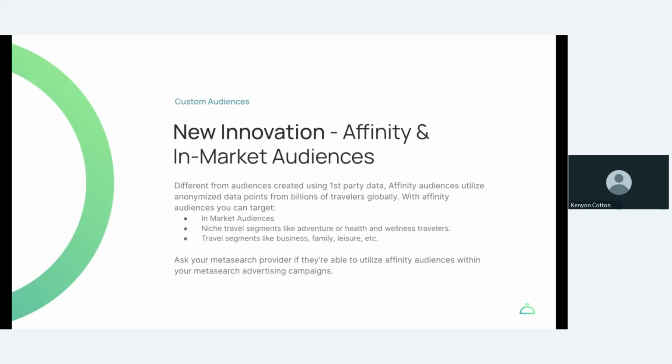So travelers that we know have booked travel to your market, we can utilize that as an audience and increase bids to them and increase your property's prominence when they're searching in your market for travel. You can also focus on niche travel segments like adventure or health and wellness. And then typical travel segments that we're familiar with, business, family, leisure. You can use those data points to create audiences to apply to your campaign.